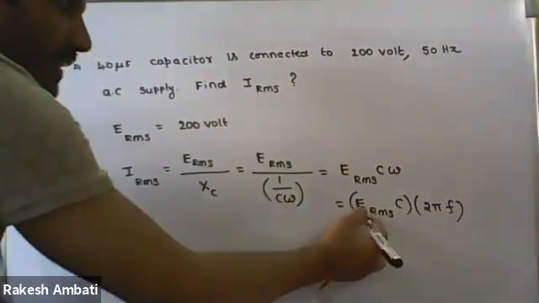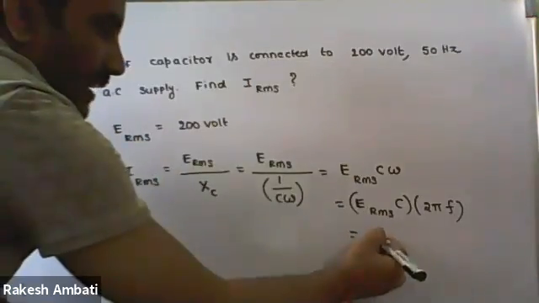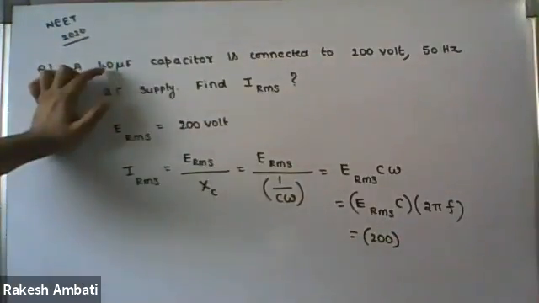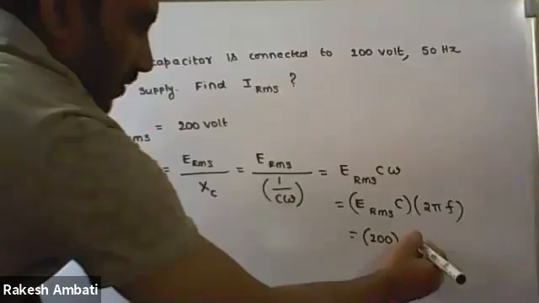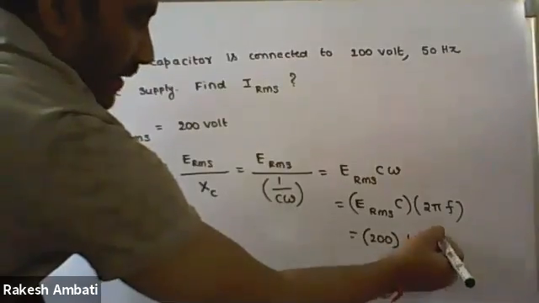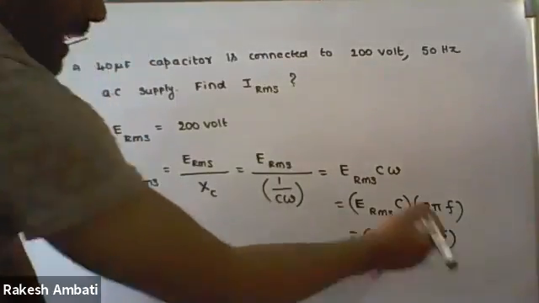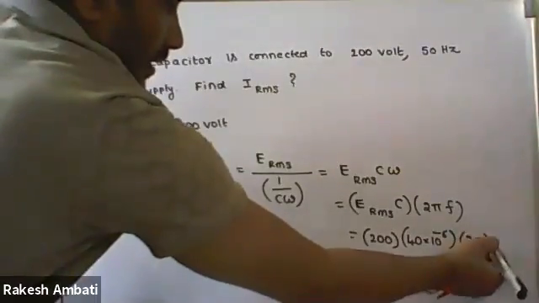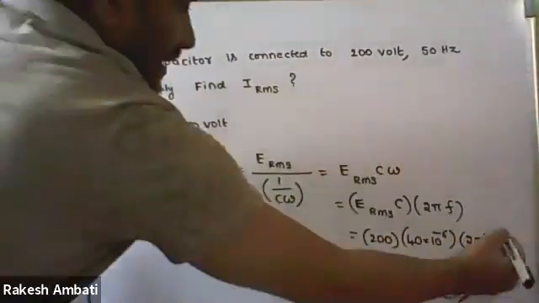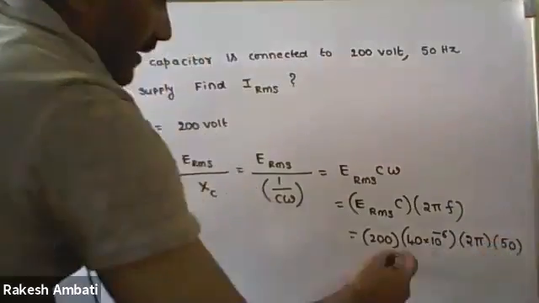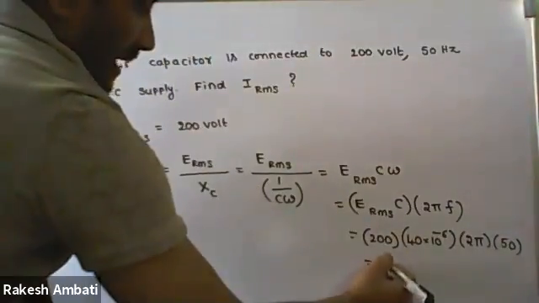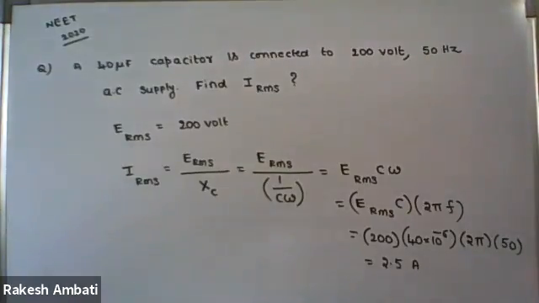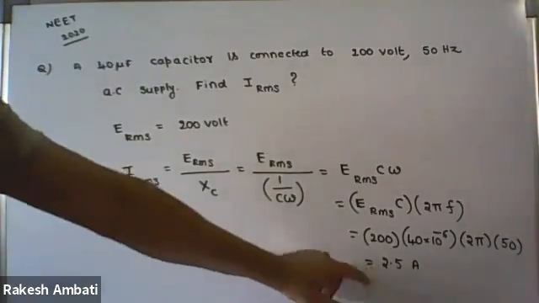So ERMS is 200, into the capacitance, which is 40 microfarad, so 40 into 10 power minus 6, into 2 pi into frequency. How much frequency is given? 50. Simplifying this, it is approximately 2.5 amperes.